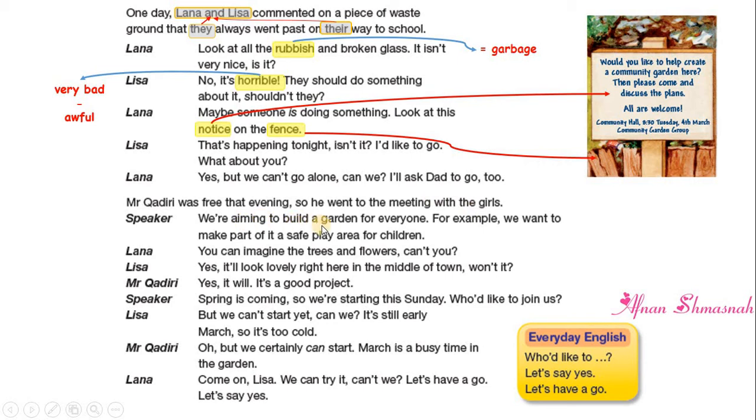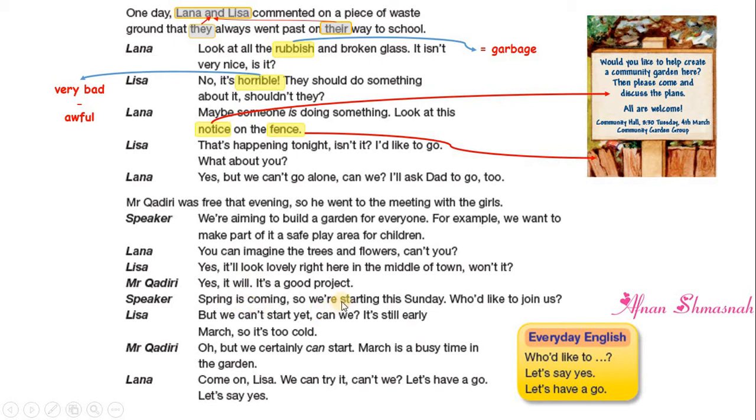We are aiming to build a garden for everyone. For example, we want to make part of it a safe play area for children. You can imagine the trees and the flowers, can't you? Yes, it will look lovely right here in the middle of town, won't it? Yes, it will. It's a good project.